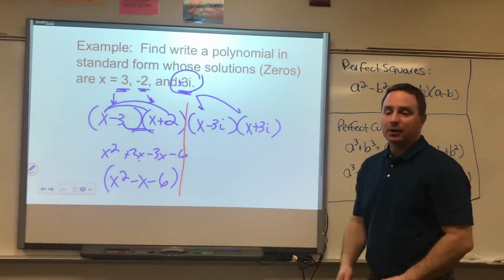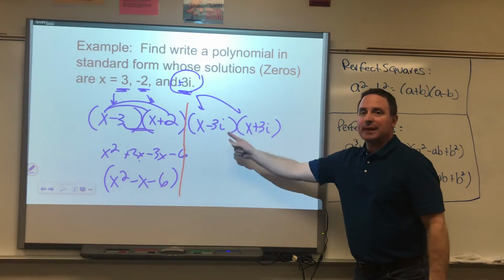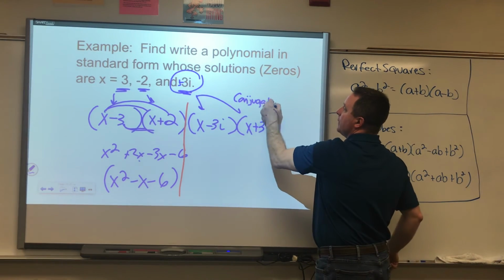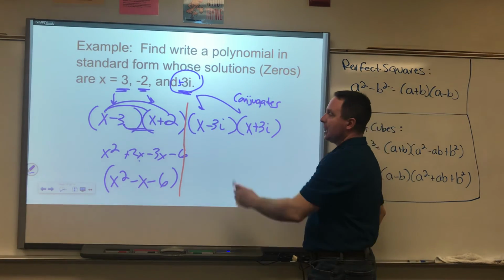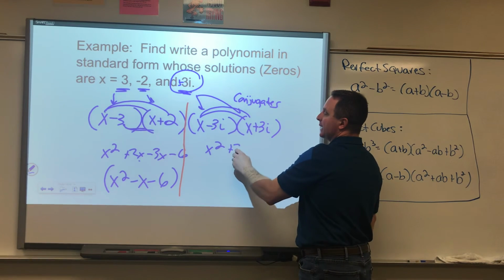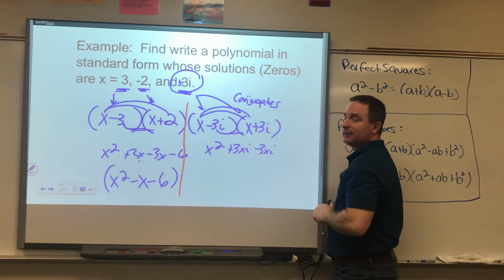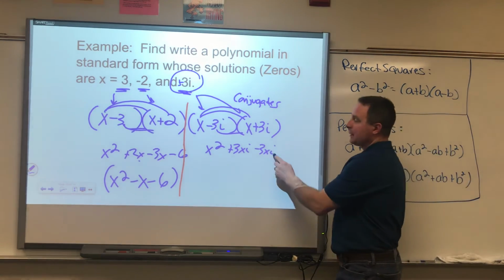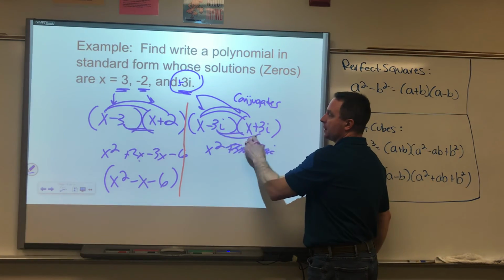How about the second part, the right side over here? Now, if you remember, there's a special name for these things. They're called conjugates. And there was something special that happened with the conjugates, as we'll see here. There's x squared, but I get a plus 3xi and a minus 3xi. When I do those middle terms, what happens with the positive and negative 3xi? They cancel each other out. But I still have one more term to go.